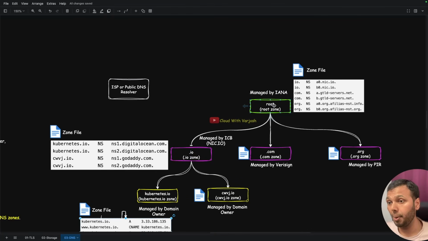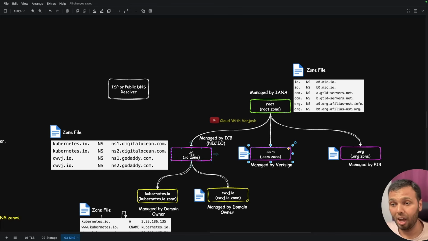Similarly, if I talk about the root zone file, it will have the authoritative name servers for TLDs. Similarly, TLDs will have the authoritative name servers for the websites that are under them.